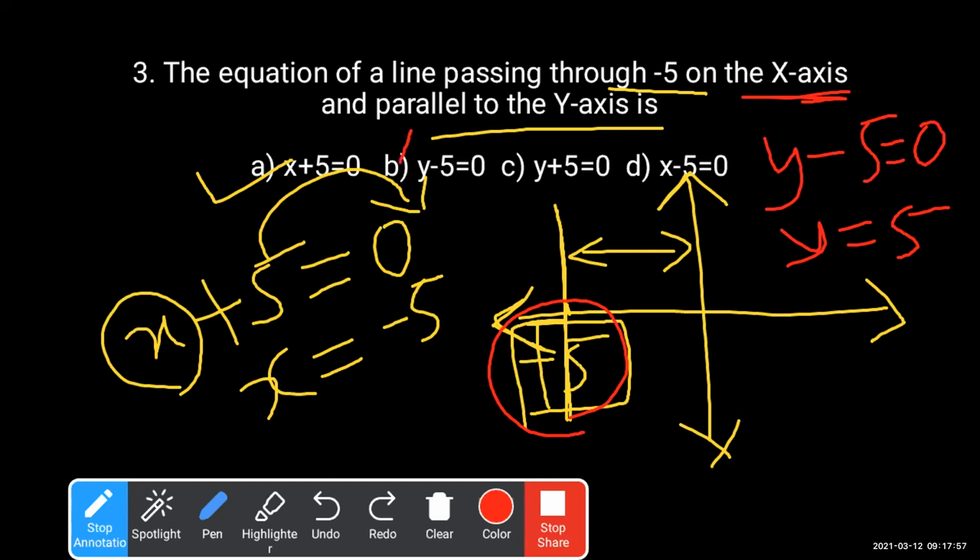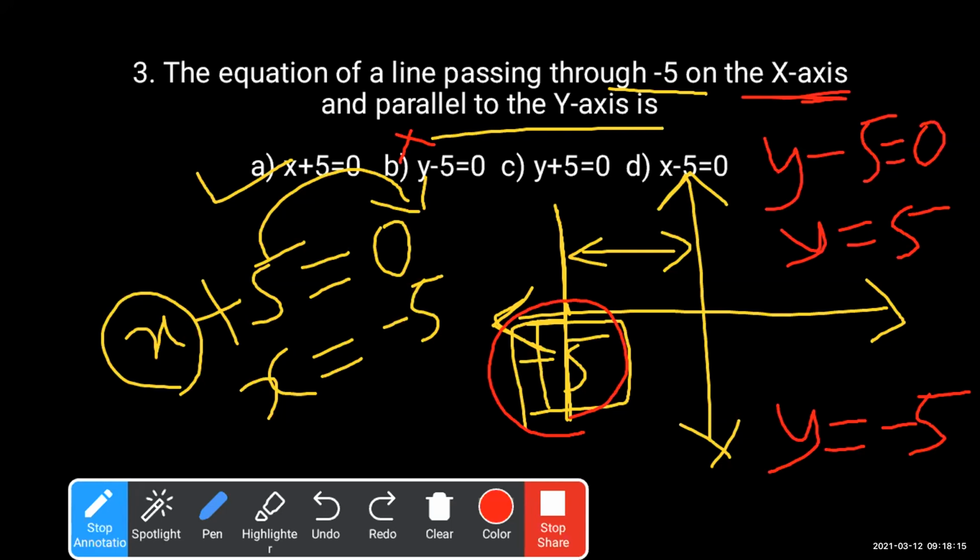So this contradicts. Then y plus 5, again in the form y is equal to -5, this also contradicts because -5 does not lie on the y-axis. It is lying on the x-axis.